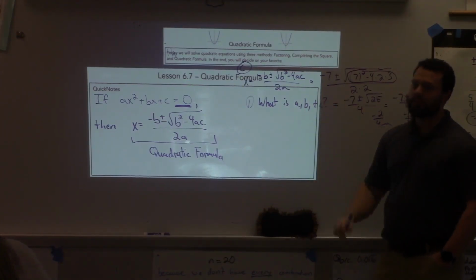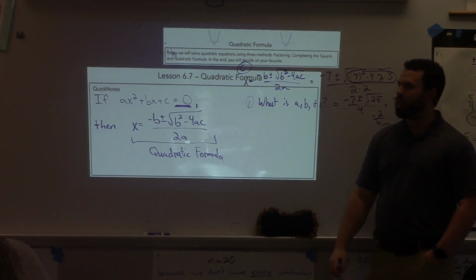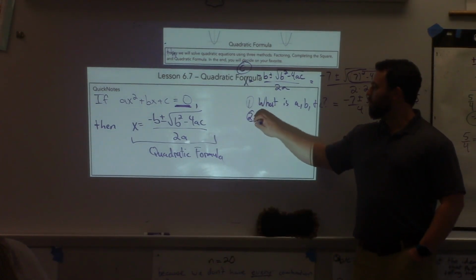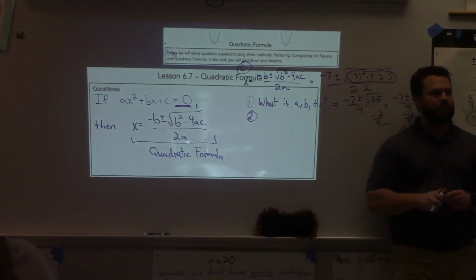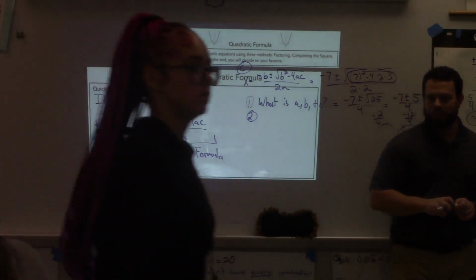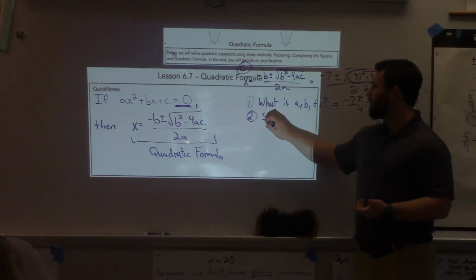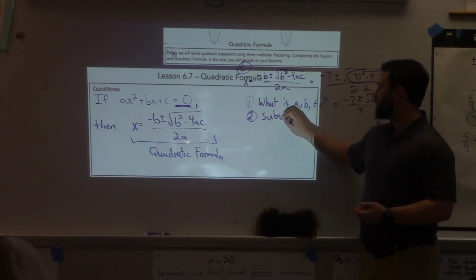You have to be able to answer that question first. Okay? Once you know what A, B, and C are, what did y'all do with that equation? Plug it in. Or a more mathematical term for that is substitute.